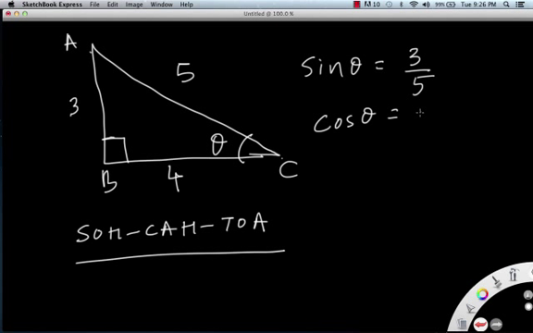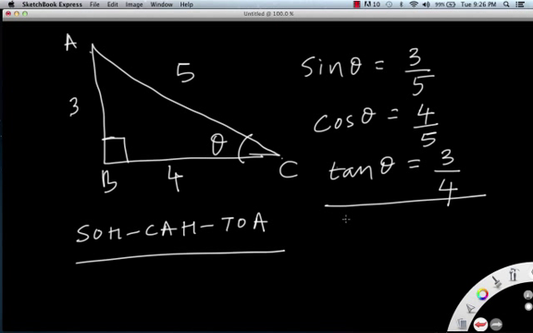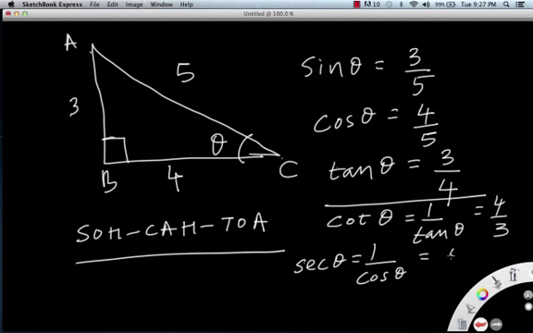Cos theta, which is Cah, is adjacent by hypotenuse. And tan theta is Toa, opposite by adjacent. So these are the three primary ratios. Now let's calculate the reciprocal ratios. Cot theta is 1 by tan theta, which makes it 4 by 3. Secant theta is 1 by cos theta, which makes it 5 by 4. And last, cosecant theta is 1 by sin theta, which makes it 5 by 3.